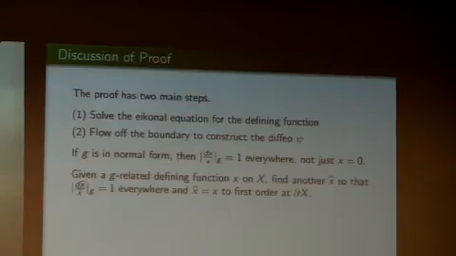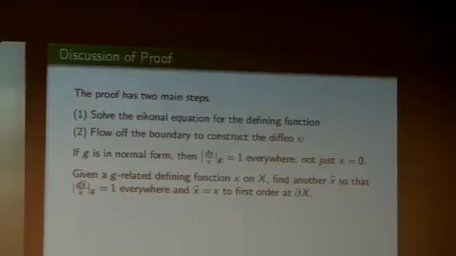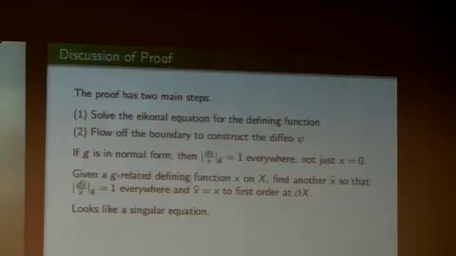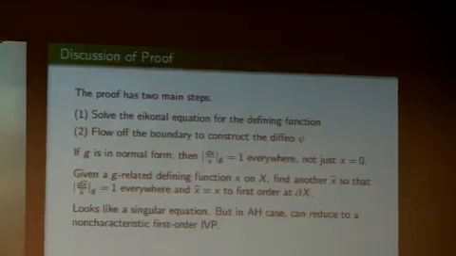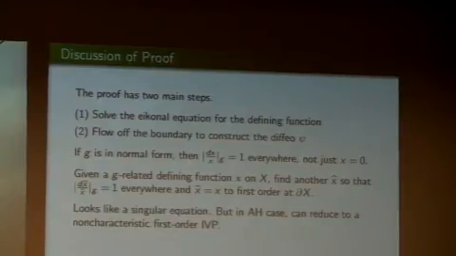So given a related defining function, we want to change it by a scale factor to make this norm 1 everywhere and agree with the one we had at first order. That's the whole crux of it, being able to do that. This looks like a singular equation. You've got dx over x, the metric is singular, and so forth. But it turns out in the asymptotically hyperbolic case, you can reduce this to a non-characteristic first order equation in the new defining function.